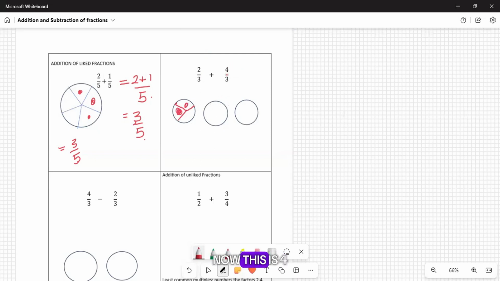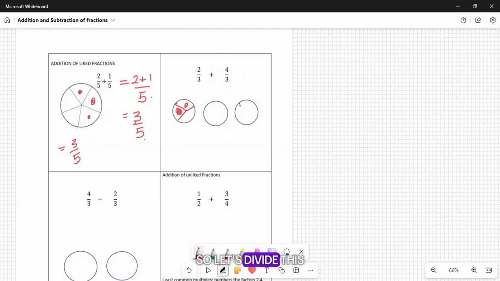Now, this is 4/3. So this means that this is improper. So 3 people are sharing 4 oranges, and each person received 1 remainder 1, and the 1 was also shared among the 3 people. So that will give us another proper fraction, which is 1/3.